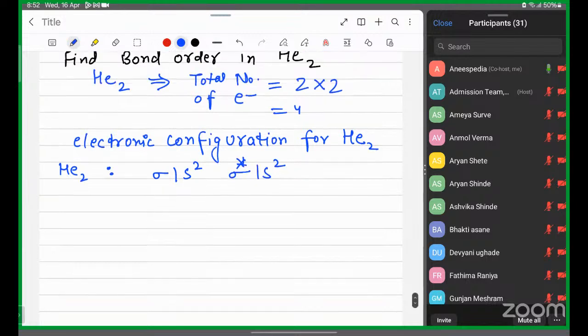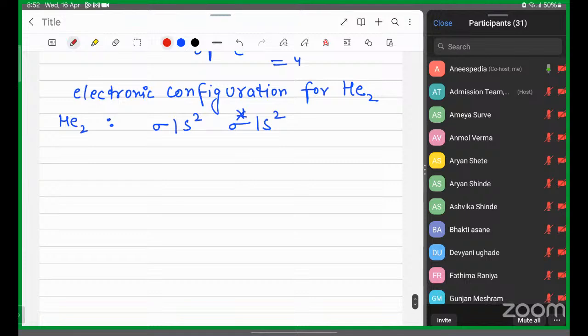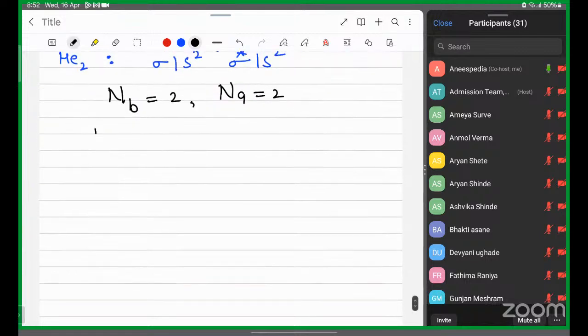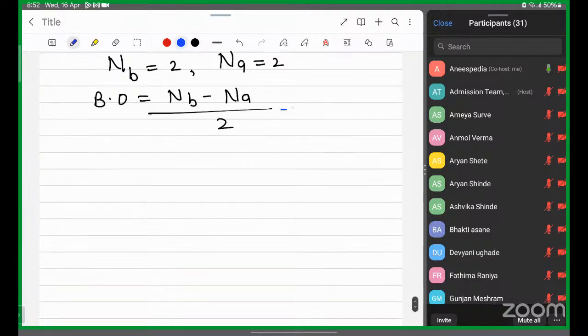So 4 electrons are distributed in s orbitals, sigma 1s and sigma star 1s. If you look for the number of bonding electrons, it is 2. The number of antibonding electrons is also 2. Bond order will be the number of bonding electrons minus the number of antibonding electrons divided by 2, so 2 minus 2 by 2. Bond order will be 0.